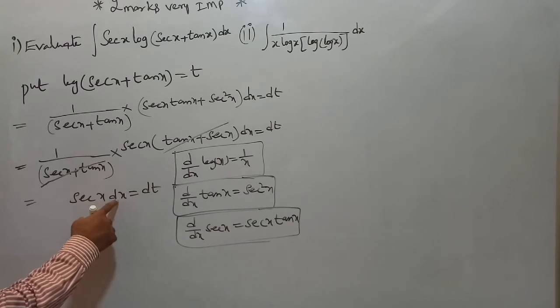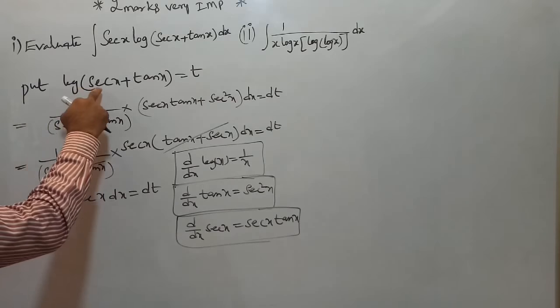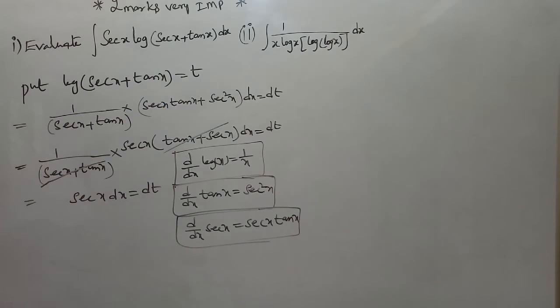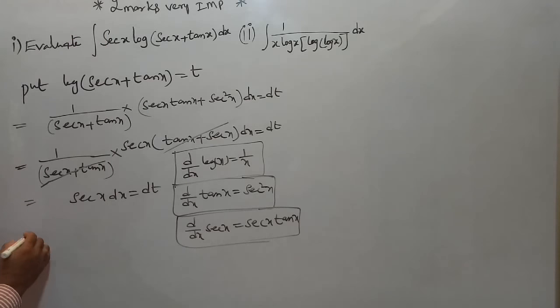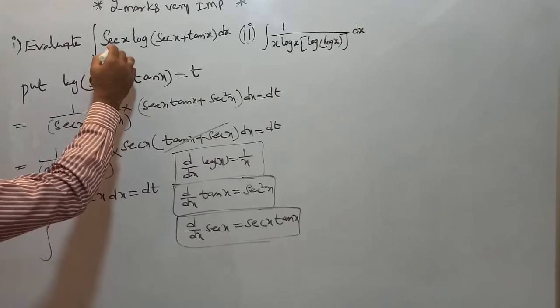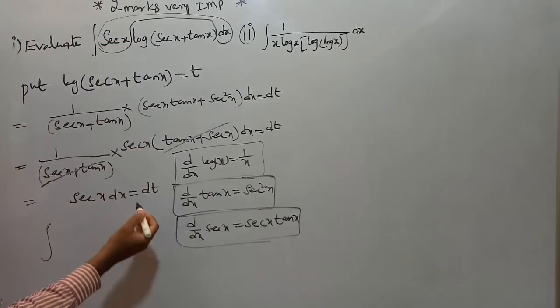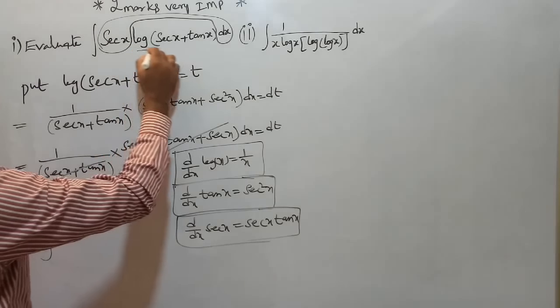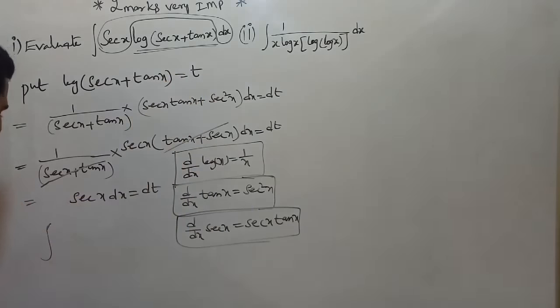Now secant x into dx is equal to dt we can write, and log of secant x plus tan x is equal to t we can substitute in given equation. So integral secant x dx is equal to, I am writing dt, and log of secant x plus tan x is equal to t.